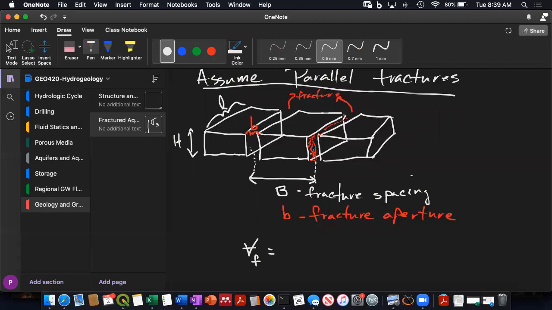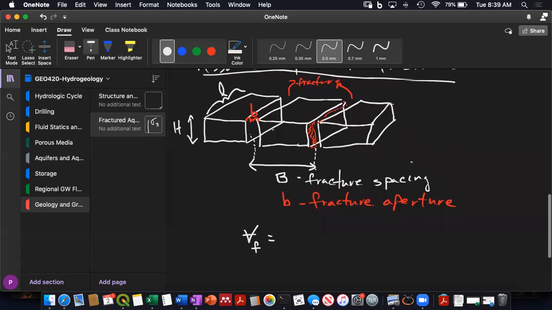Well, what's the equation for volume of a rectangle? Surely you guys know that one. Okay. Now we're getting somewhere. So b over 2 times what? Times L, right?